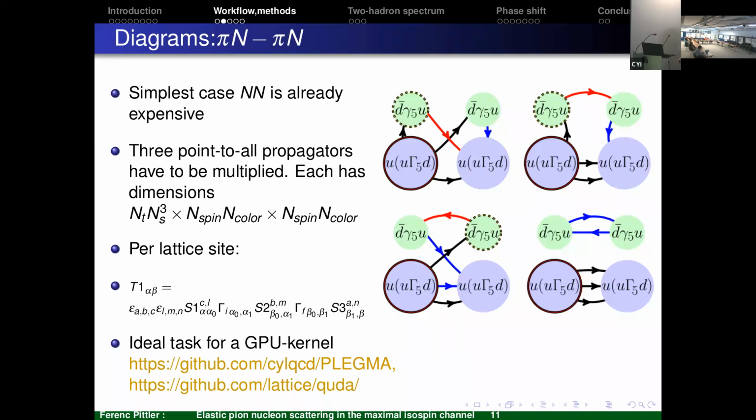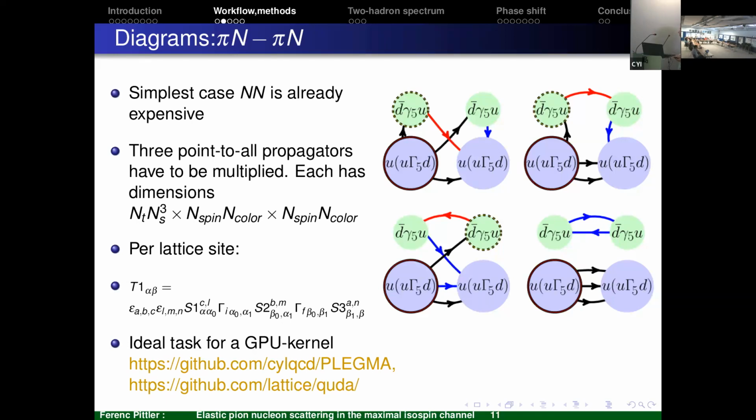There is no interchange between the two. But this is also quite complicated, since you have to multiply 3 objects of this size. Per lattice site, you have to follow this operation where the Latin indices are color indices and the Greek indices are spinor indices. This is very tedious, and you have to do it at every lattice site.